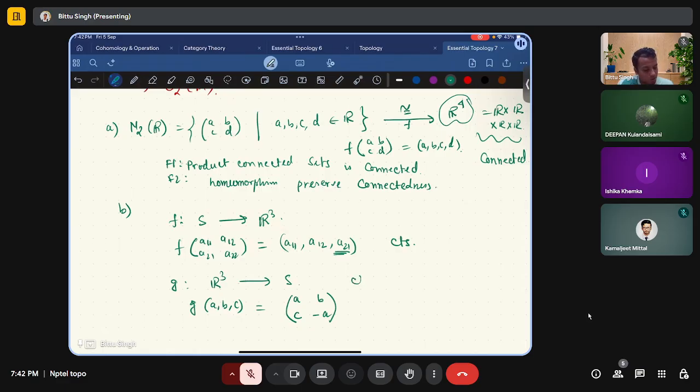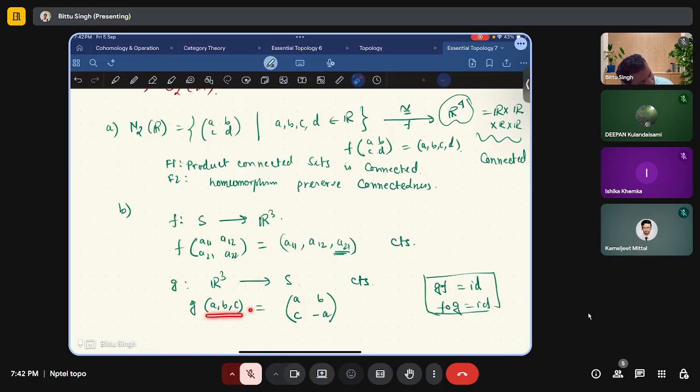So this is also a continuous map. And the interesting thing is that G compose F is identity and F compose G is also identity. You can check that those two will be satisfied. Let us check this property.